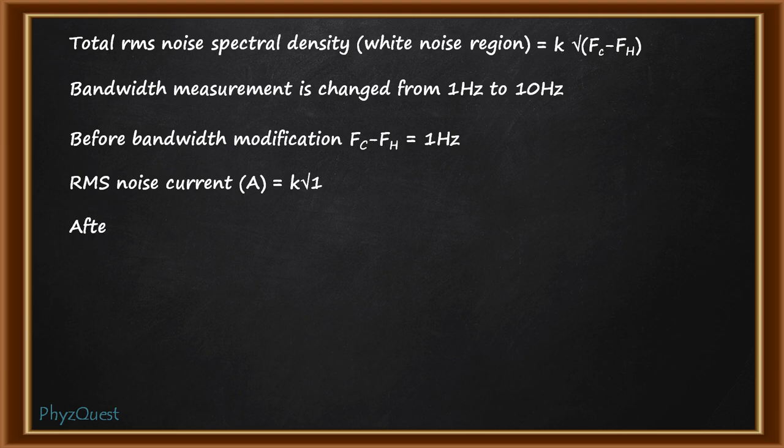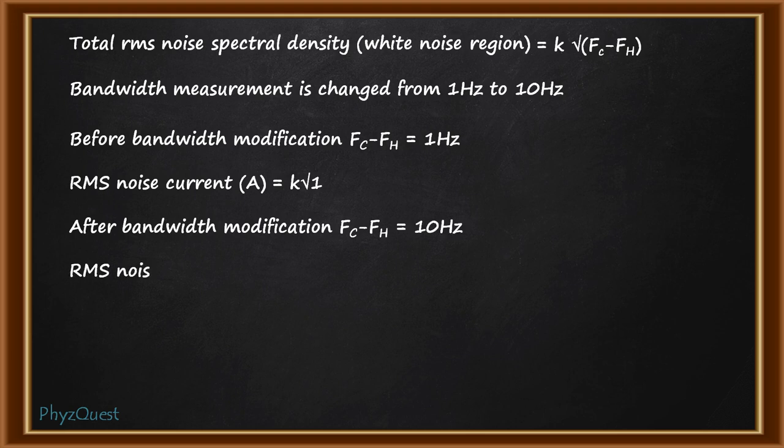After bandwidth modification the bandwidth is 10 Hz, so the RMS noise current B is equal to K square root of 10. So the ratio A by B is equal to 1 by square root of 10. So this is our answer.